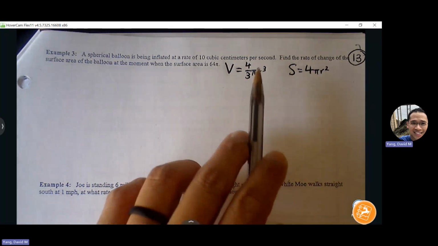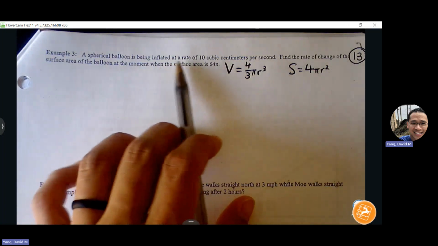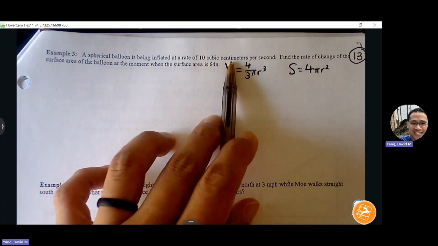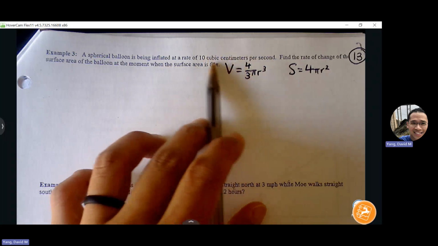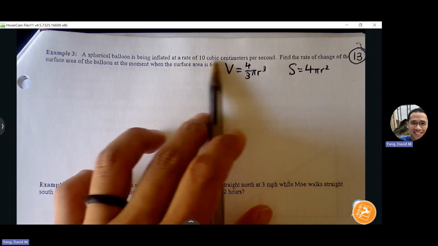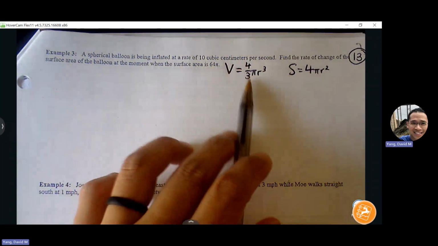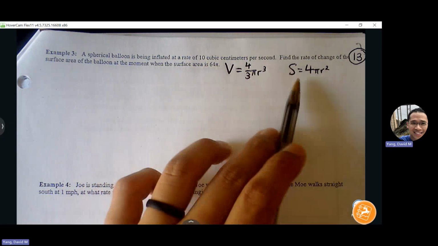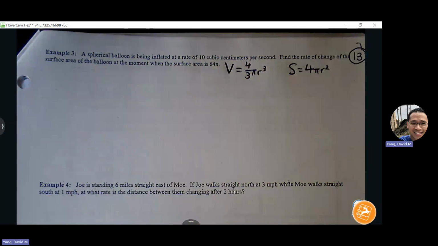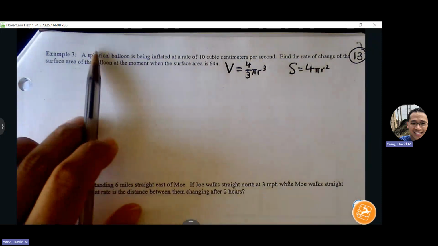We know volume of a sphere is involved because they're telling us cubic centimeters per second. Cubic centimeter is a volume unit. And surface area of a balloon is involved, and we're assuming this is a spherical balloon here.